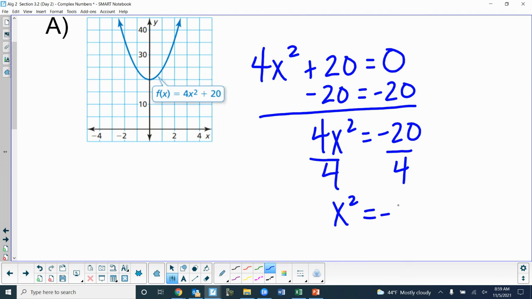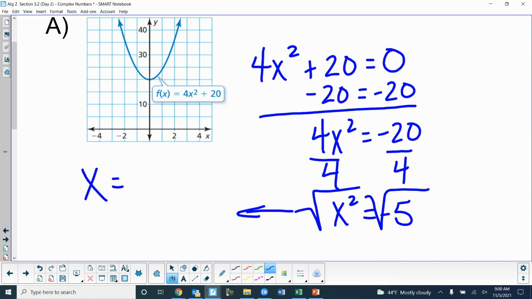And then we're going to take the square root. So x equals plus or minus what? Thank you, Brooke. Okay, the only thing we can pull out is the i because it was negative, right? 5 won't factor tree with a perfect square in it. Okay?